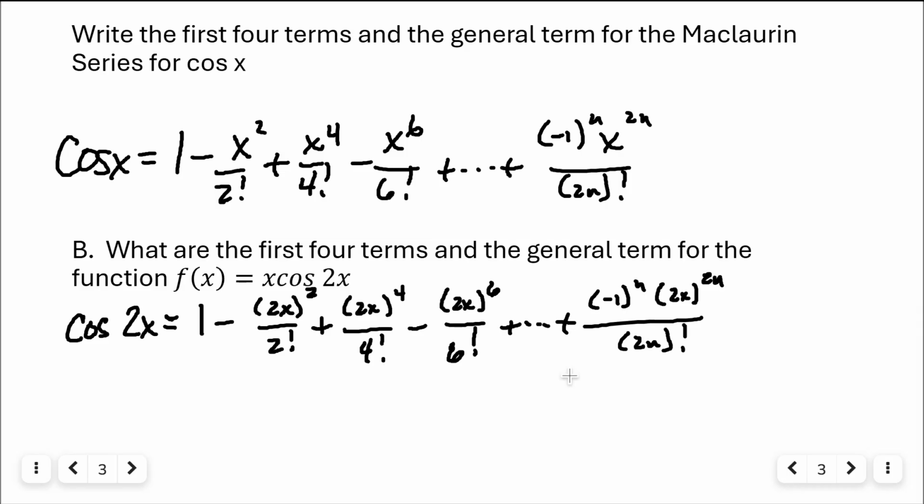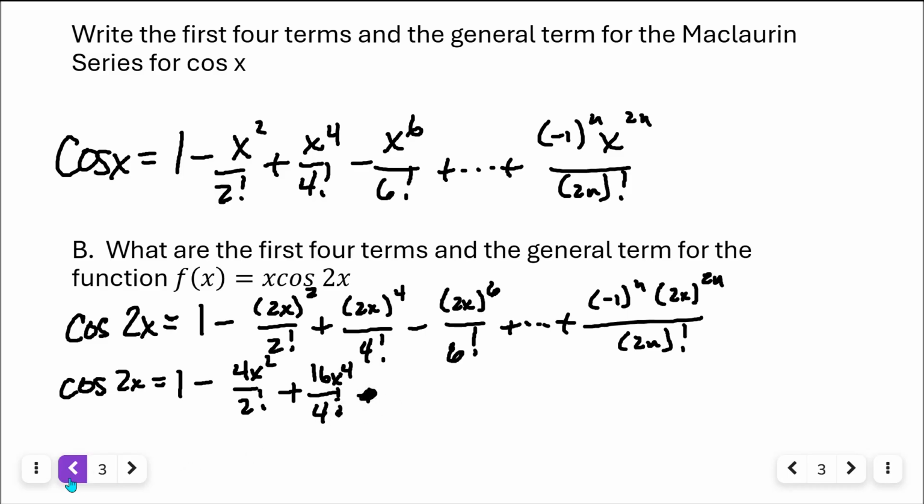Okay, we did that. Let's see. We can clean this up a little bit if we want. Is it worth it? Yeah, I guess we're going to have to. So cosine 2x is going to be 1 minus 4x squared over 2 factorial. All right, I'm not going to simplify the 4 and the 2 factorial. I'm going to leave it there. 2 to the fourth is 16, x to the fourth over 4 factorial. And then we're going to have, oops, this is a minus here.